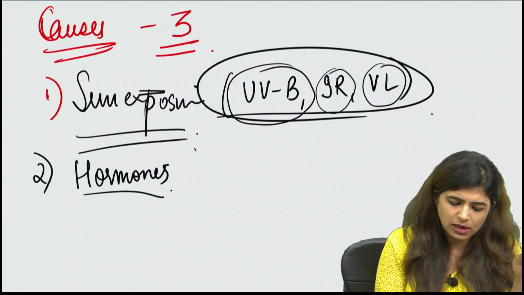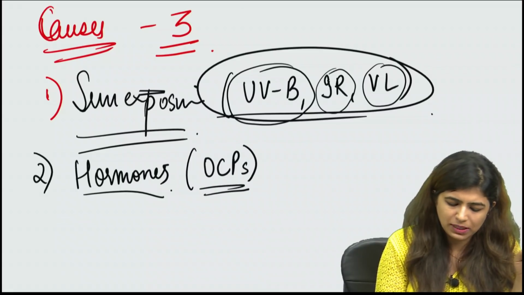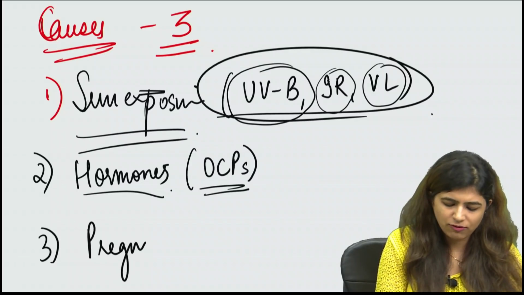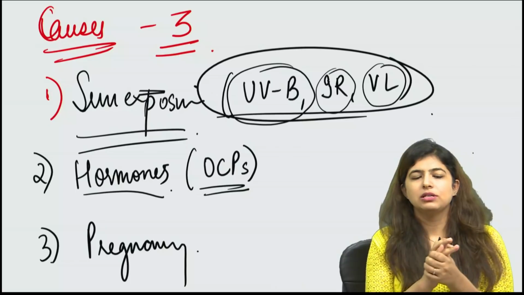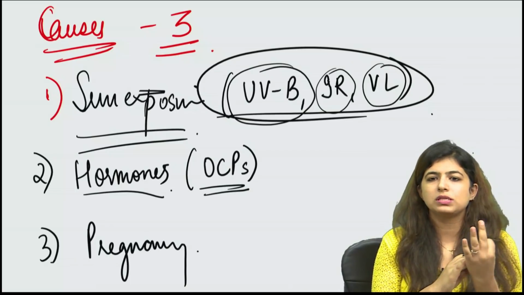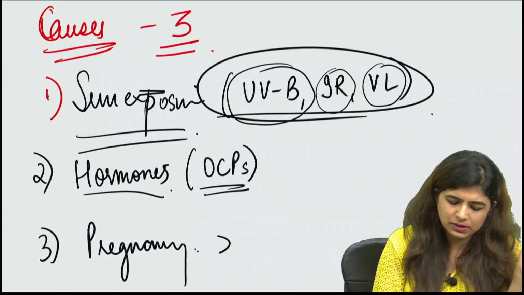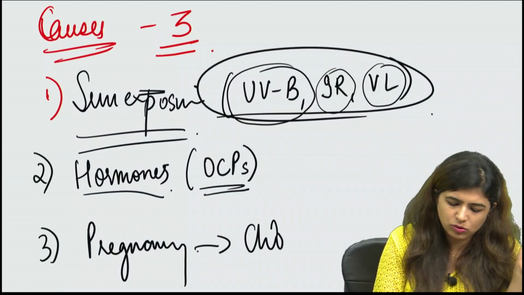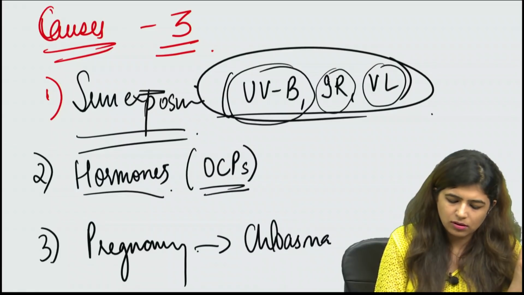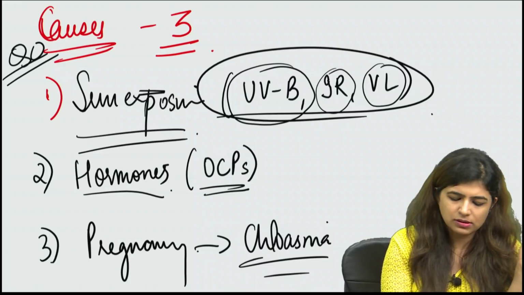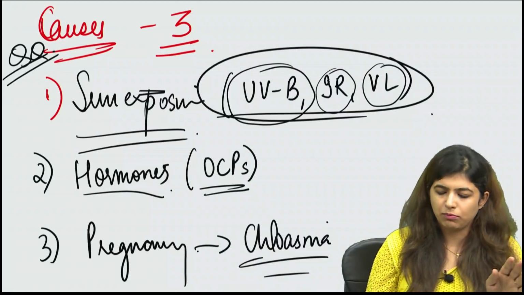The hormones are some drugs that you have like OCPs or the hormones that you find in pregnancy. So these are the 3 most important causes of melasma. When it happens in pregnancy, then it is also called as chloasma. So please remember these three causes, very, very important.